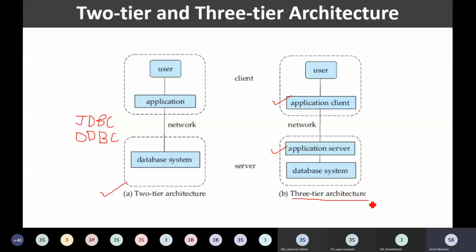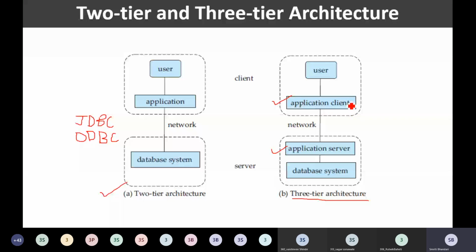So if I want to communicate with my bank website, what am I actually doing? I am using the application client. I do not have my application program at my place. I simply have the interface in the form of some utility or functionality provided by means of some forms.